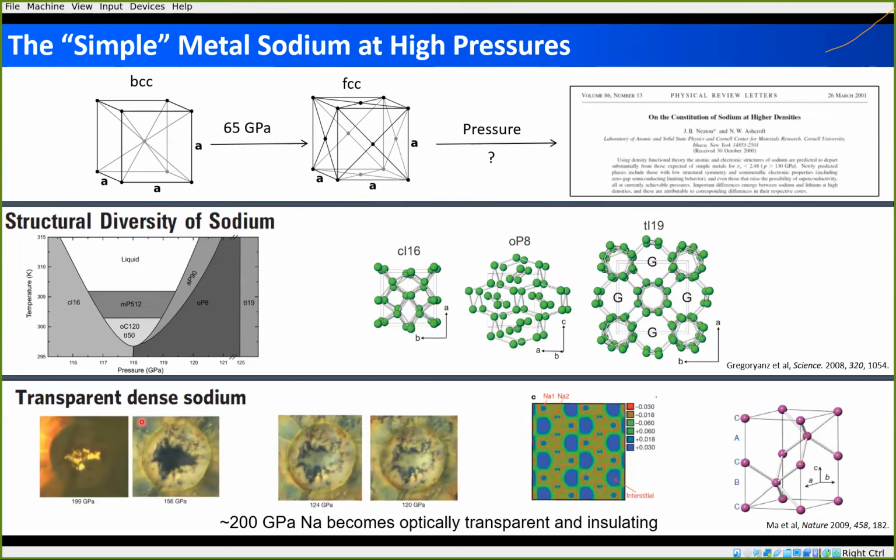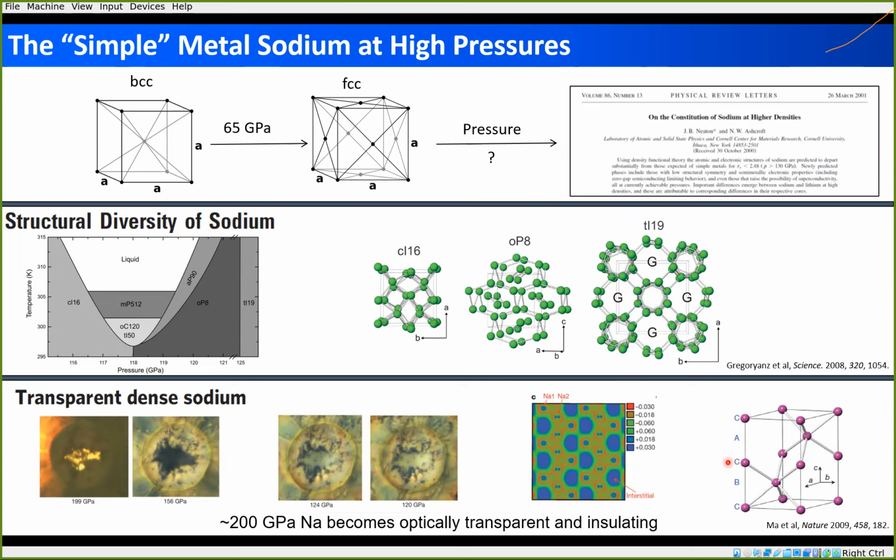And what's more is that about 10 years later, after Neil's initial predictions here, there was experimental work showing that indeed at about 200 gigapascals, sodium becomes optically transparent and insulating.